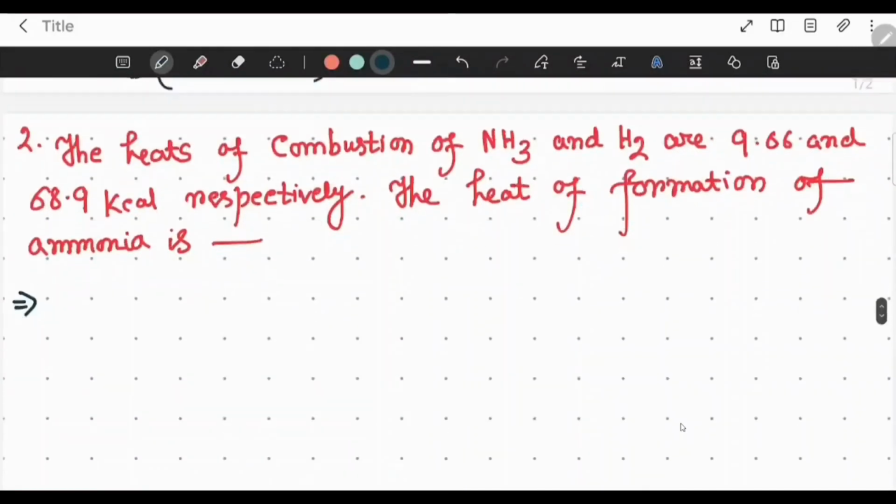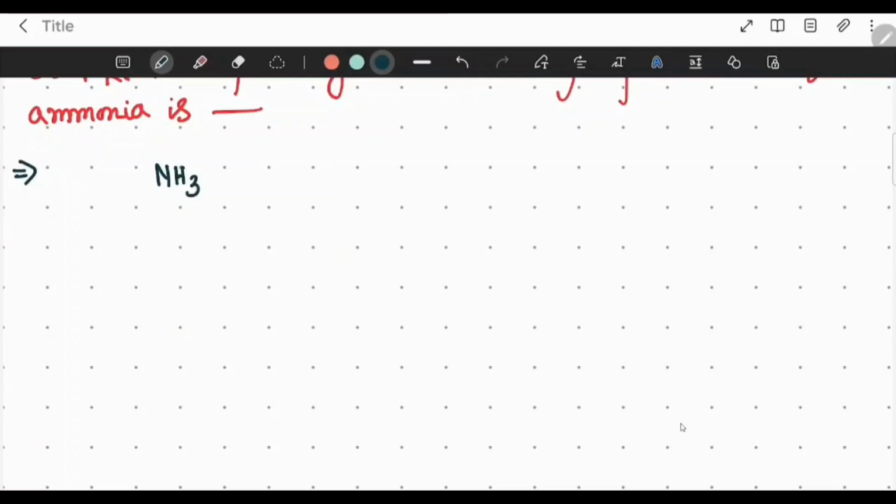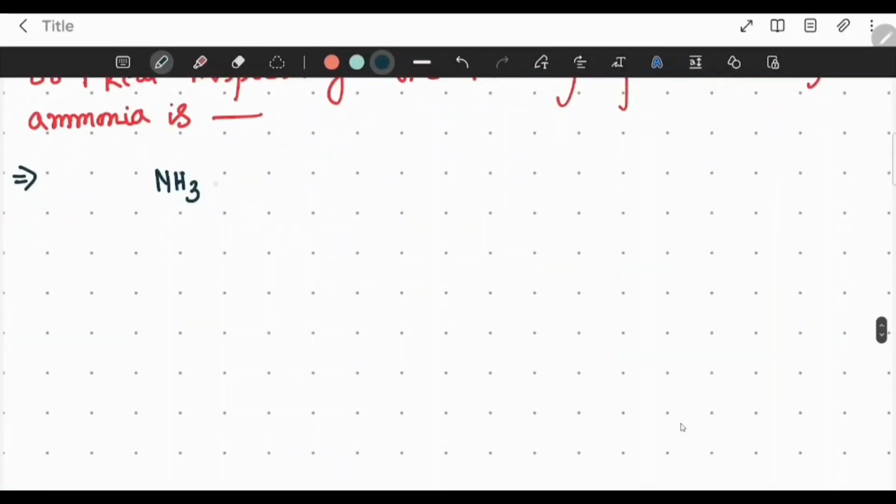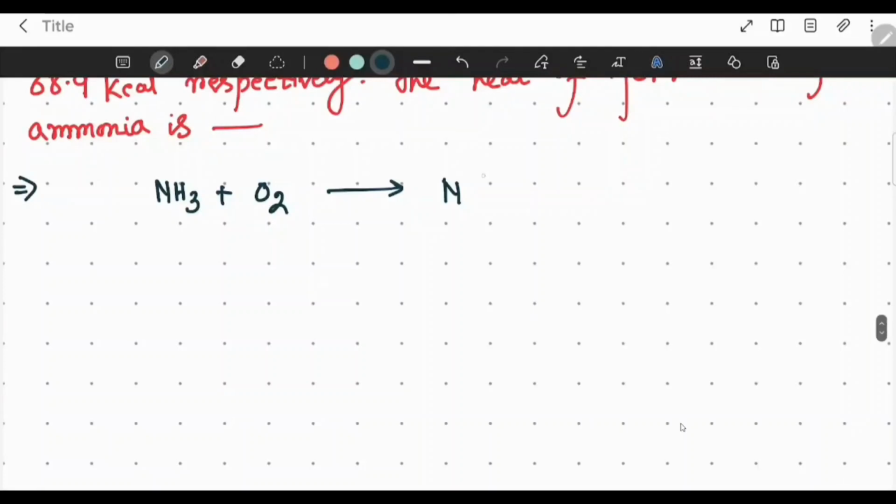So for ammonia, we first have to write down the equation for heat of combustion. Ammonia plus O2, what will it be? It will be NO2? No, in case of ammonia, it is not NO2. You have to know this equation, otherwise you can't do it.